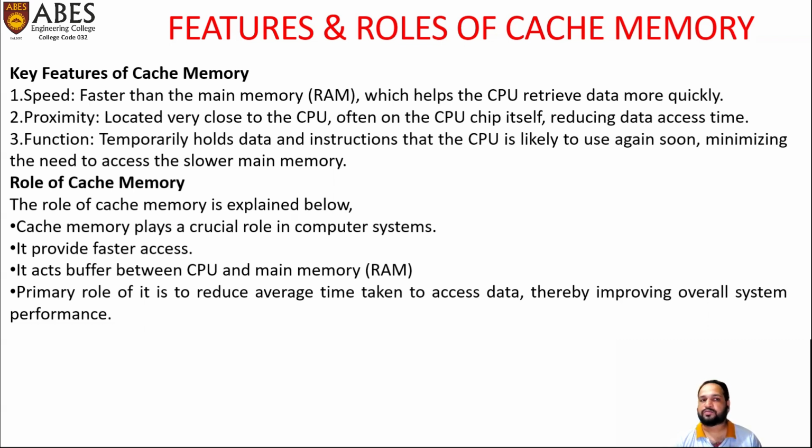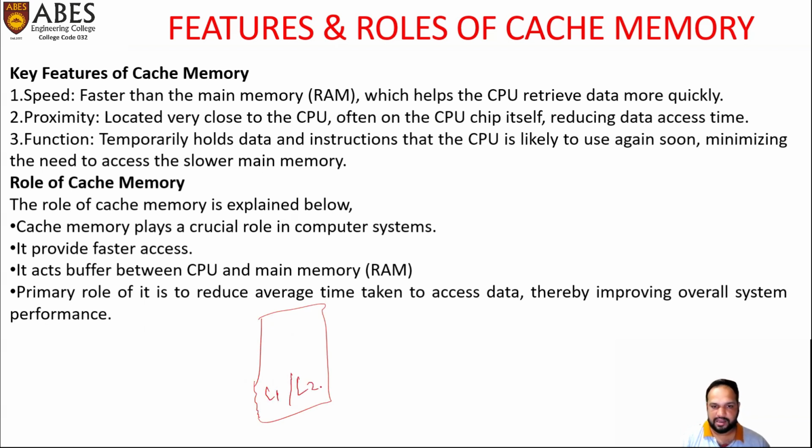So initially the CPU asks the cache. If it is found inside the cache, it will directly fetch from the cache memory and need not contact the main memory. So it is obvious that it will improve the speed. Proximity: since it is located very close to the CPU, sometimes it is located in the CPU chip itself.